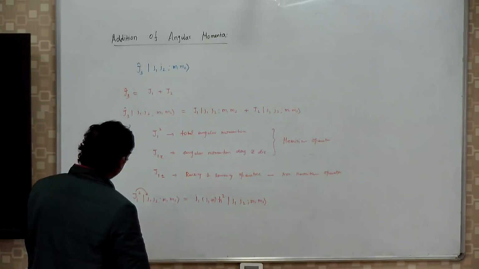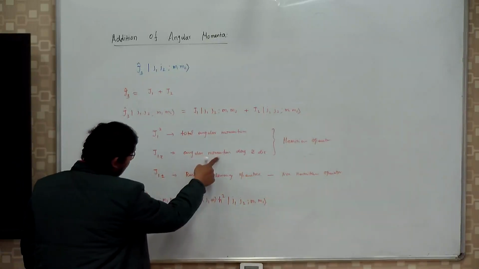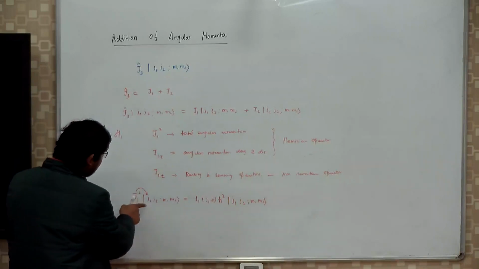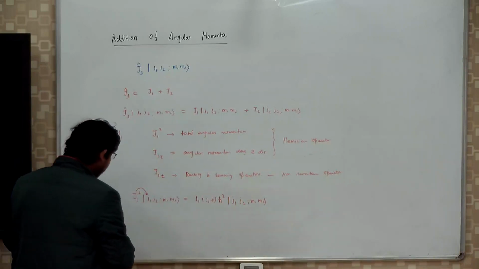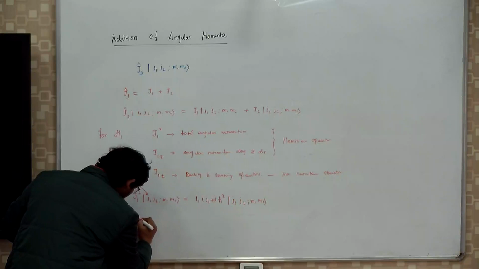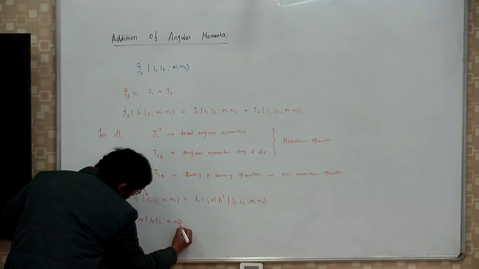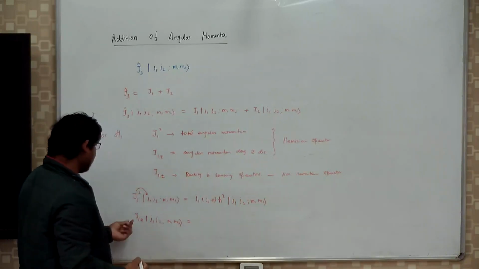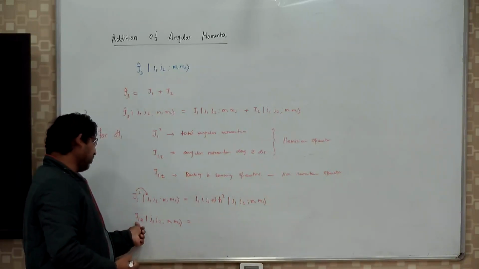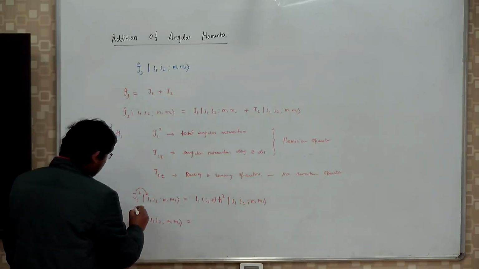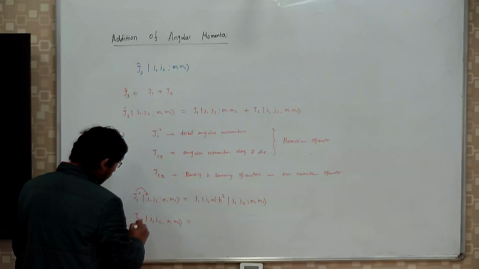When the angular momentum along the Z direction acts on the combined state vector, J1Z acts on |J1, J2, M1, M2>. This is for Hilbertian subspace 1.